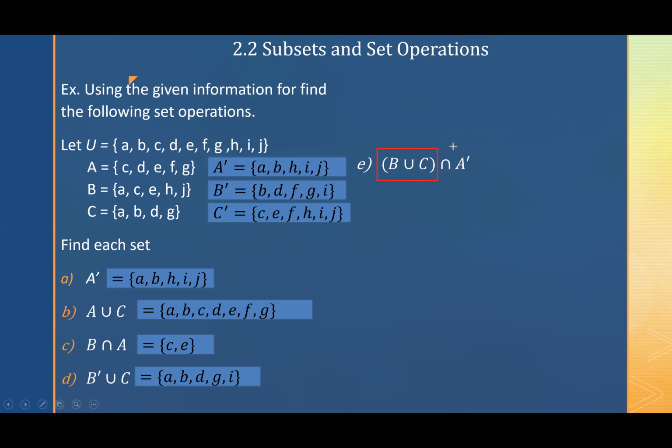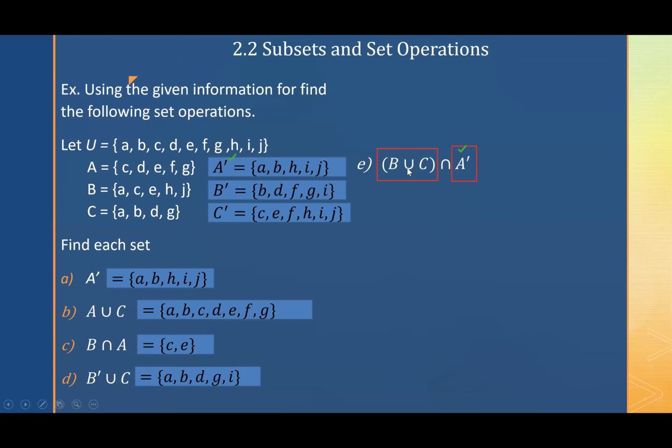Looking at this problem, everybody see that we got A prime. Whatever A prime is, that's right here. That's the items in A prime. But I want to know what is in A prime that is common with this item here. So in order to know what is in common, I need to know what is B union C.